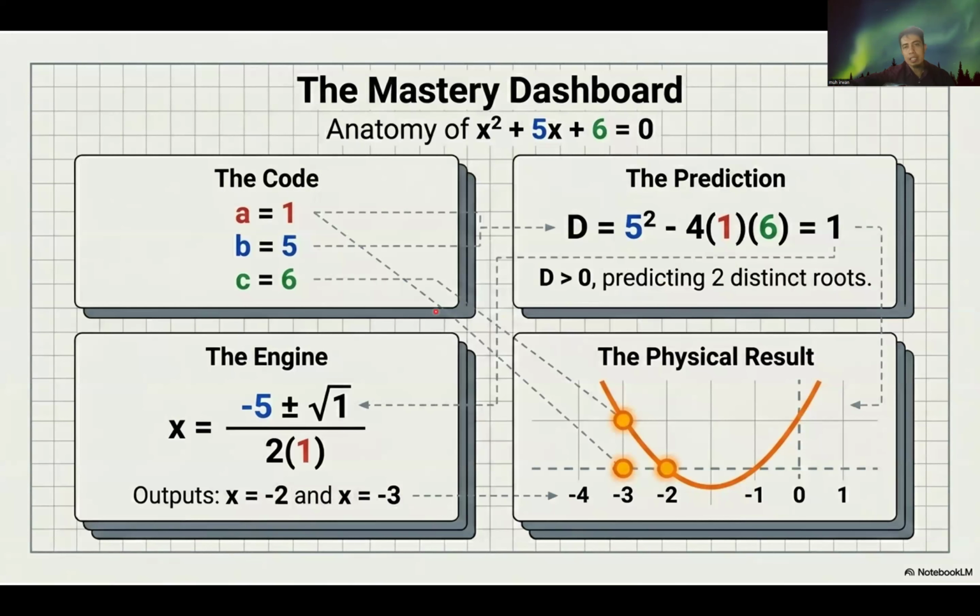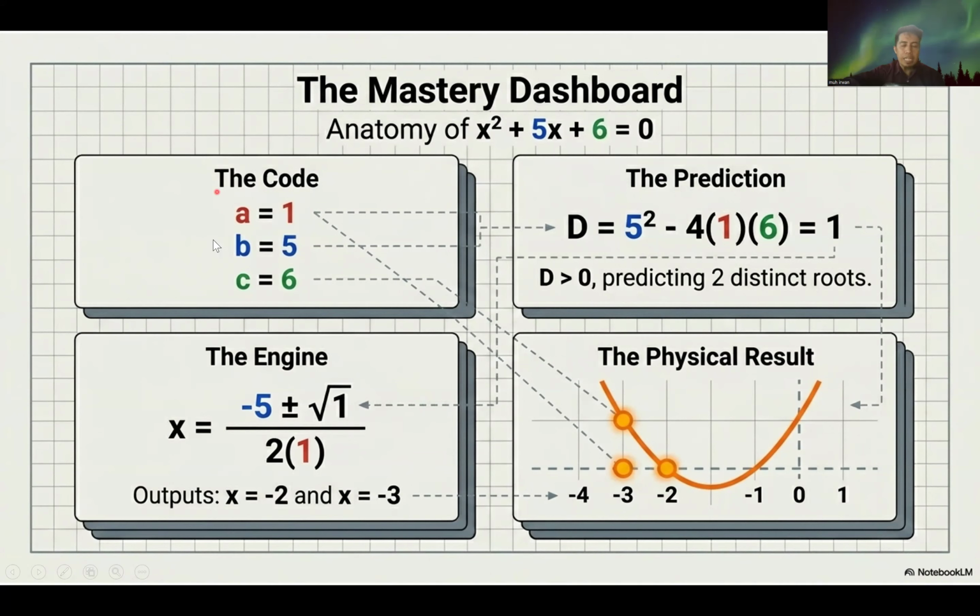We have the equation x squared plus 5x plus 6 equals 0. Okay, from this equation, we get a equals 1, b equals 5, and c equals 6.